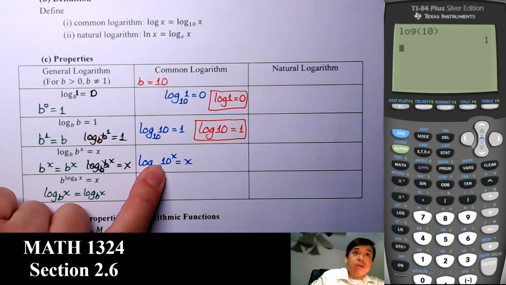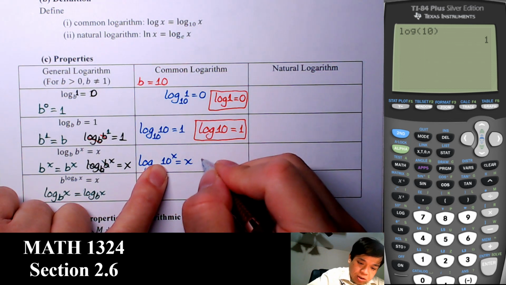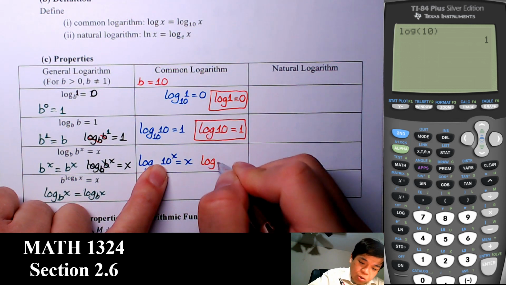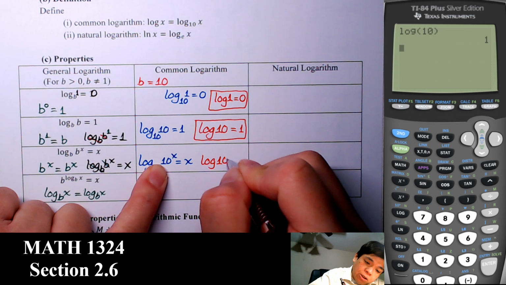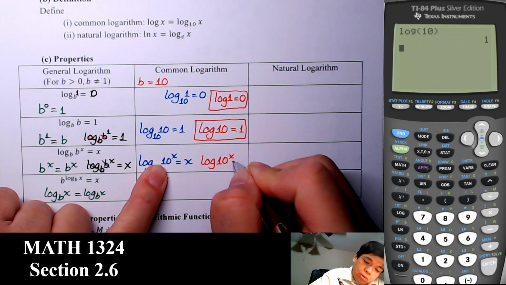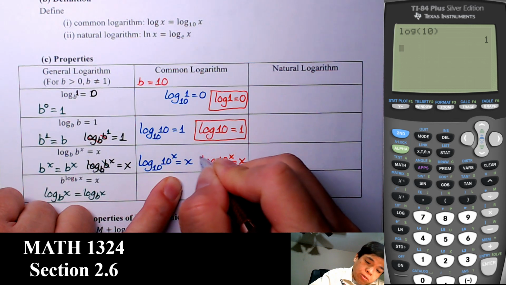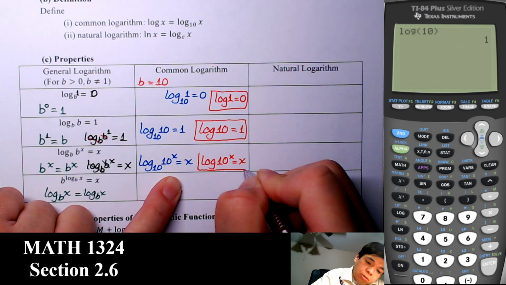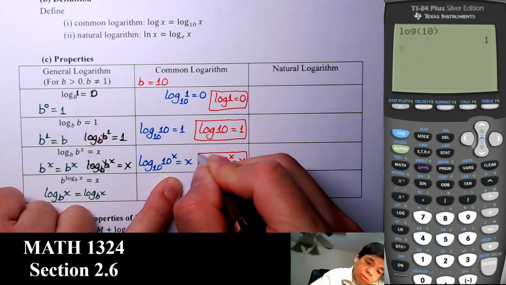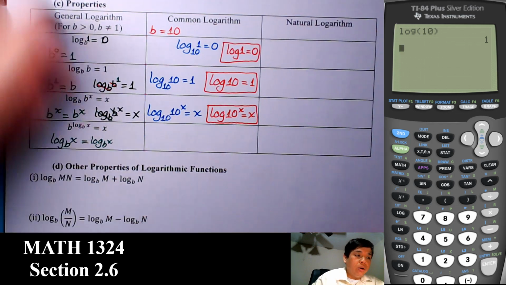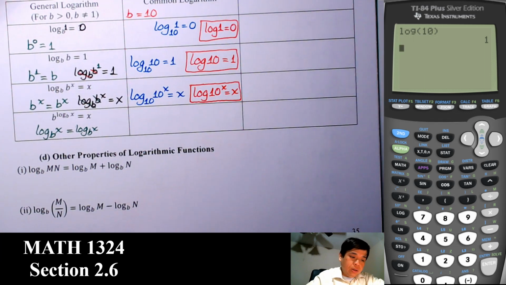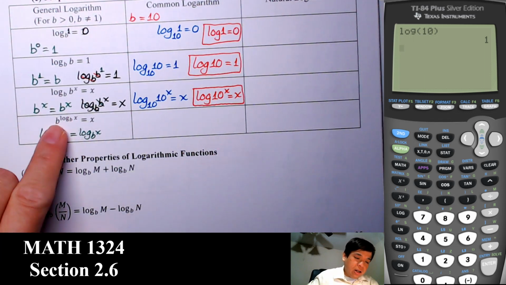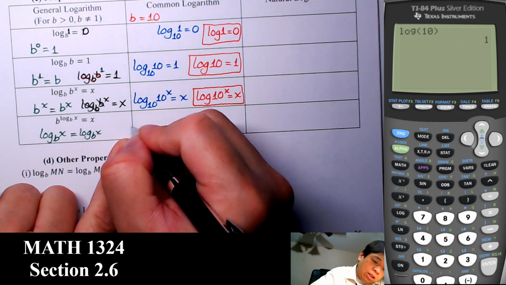Again, I'm going to drop the base 10 here because for the common log we don't need to write that. And we have this again, substitute the 10 in for b.